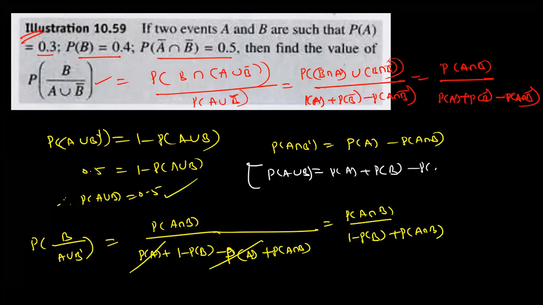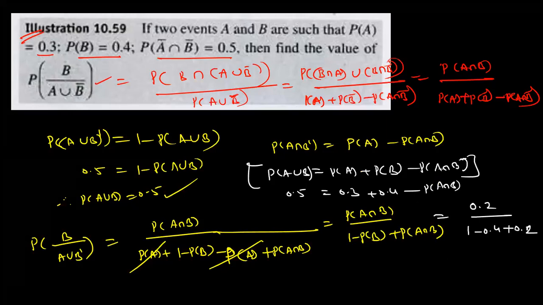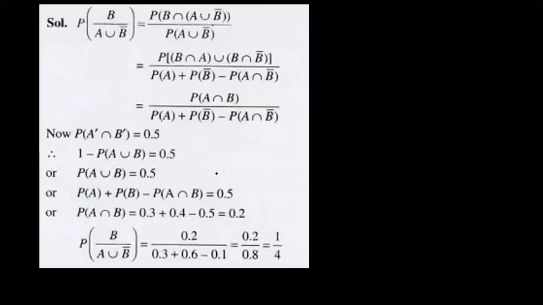This is called the addition theorem. 0.5, 0.3, 0.4 is the question. So how much is coming? 0.2 by 1 minus 0.4 plus 0.2, that is the answer. So the answer is 1 by 4. Yes, this is the solution.